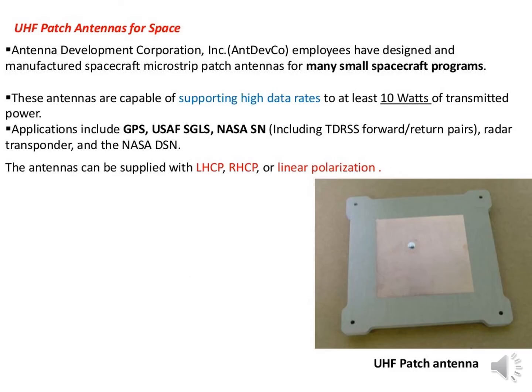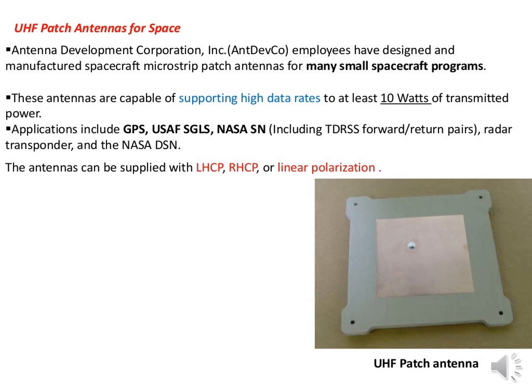One good application of this patch antenna is UHF, that is, ultra high frequency patch antennas can be manufactured using this antenna. Coming to Antenna Development Corporation, they have specially designed and manufactured spacecraft microstrip patch antennas for small spacecraft programs. These antennas are capable of supporting high rates of data transmission up to 10 watts of transmitter power.